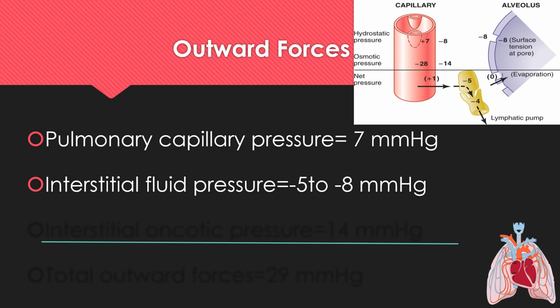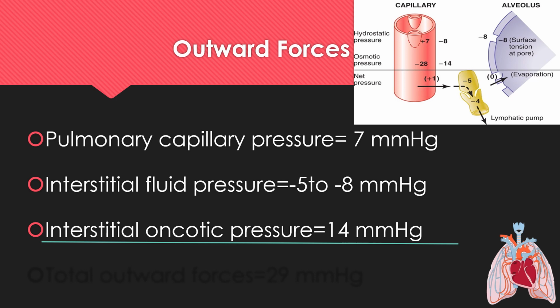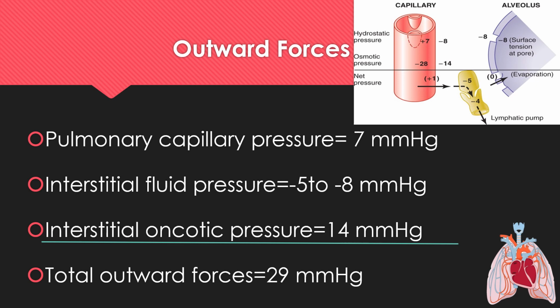This also pulls the fluid out, and then the interstitial oncotic pressure, which is 14 millimeter of mercury, also pulls the fluid out. So totally it is 29 millimeter of mercury, which pushes the fluid out.